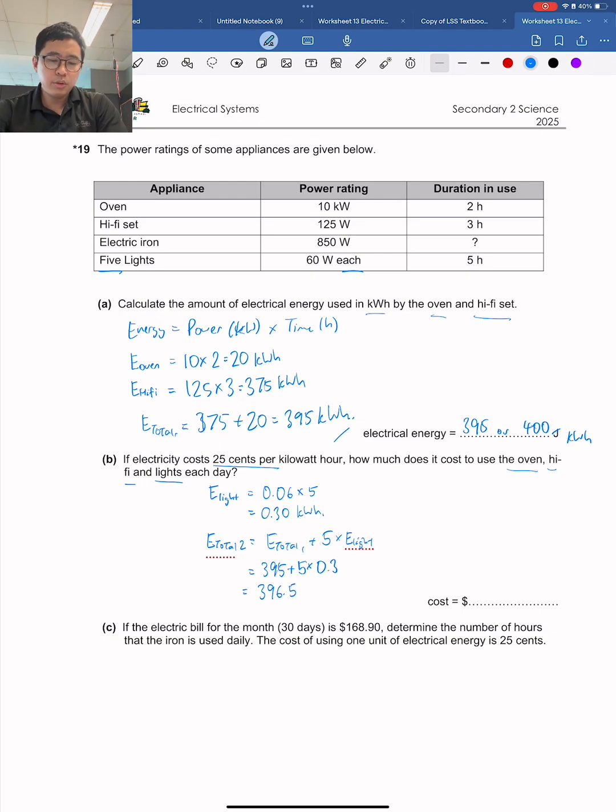Okay, so if this is the total amount of energy, the cost is equal to tariff times energy, which is equal to 0.25 in terms of dollars, right? And then after we times 396.5, and then here we get the cost.